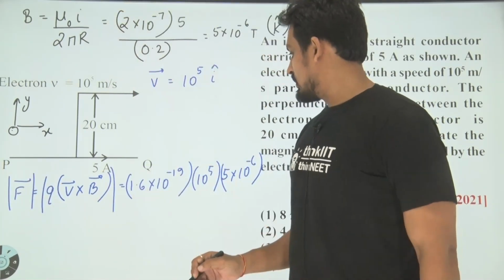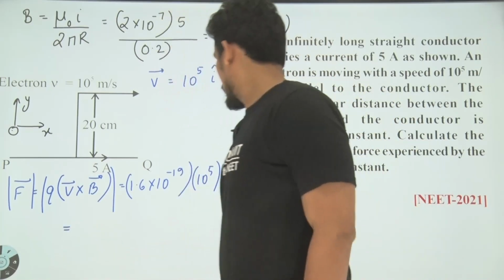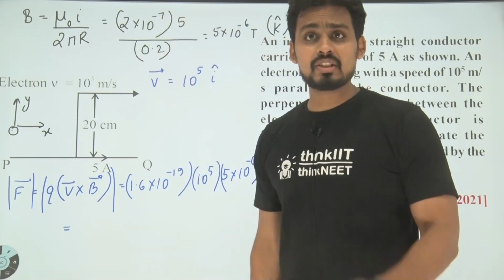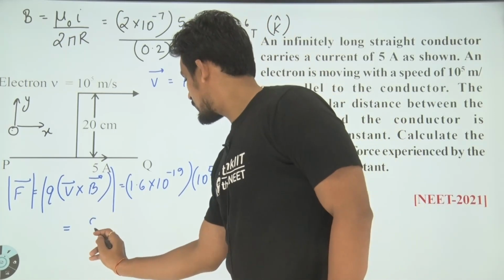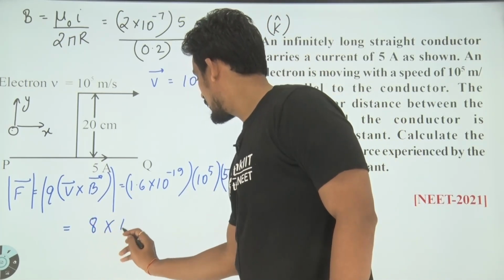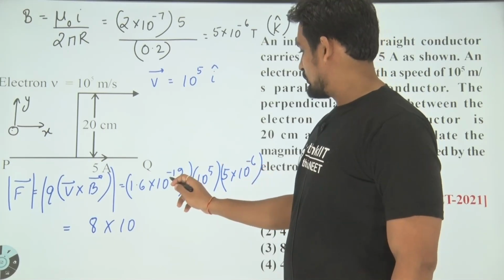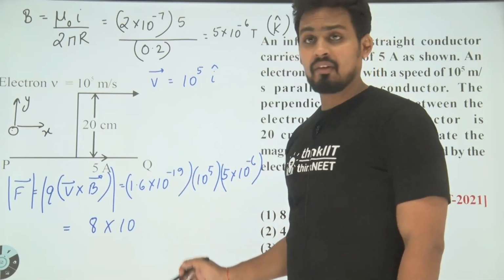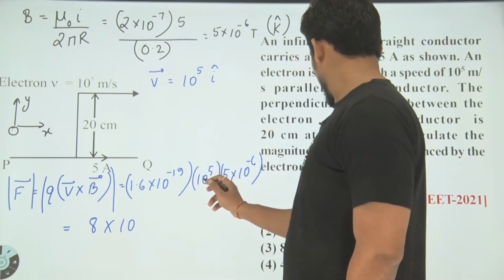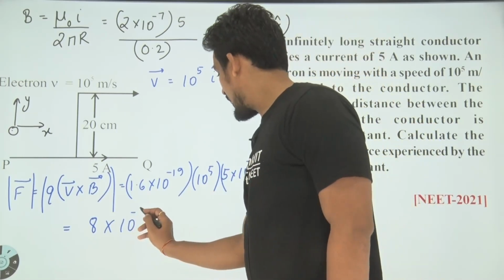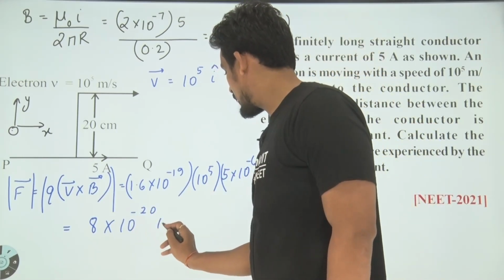Now solve this value. What would you get? So this 5 into 1.6 is given as 8. So this is 8 into 10 to the power minus 6, right? So this would become minus 25, and this is 10 to the power 5. So this would be minus 20 Newton.